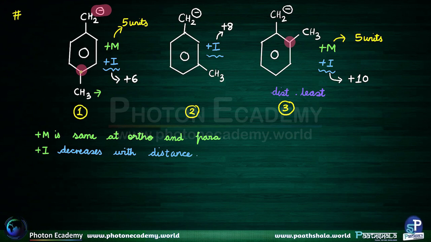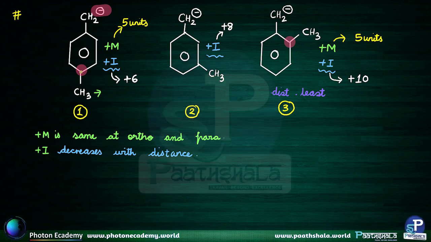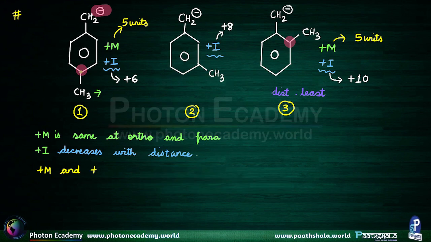So now I have to decide the stability of them. I am not singling out anything, because plus M and plus I are both electron donors.